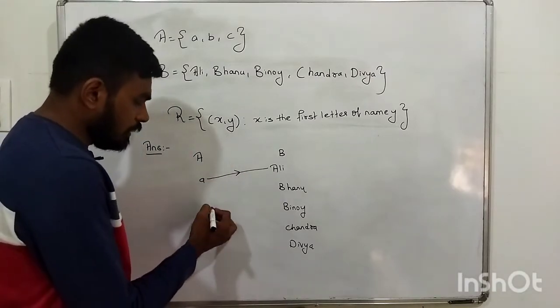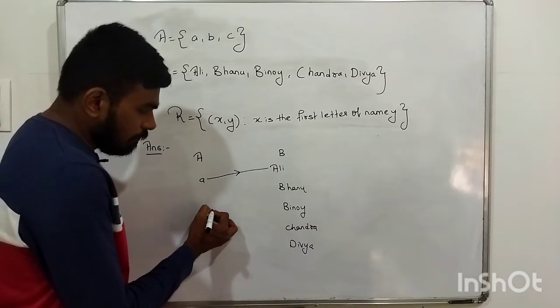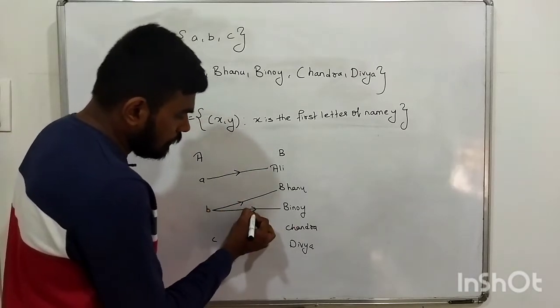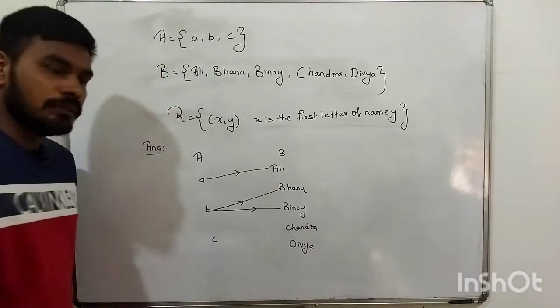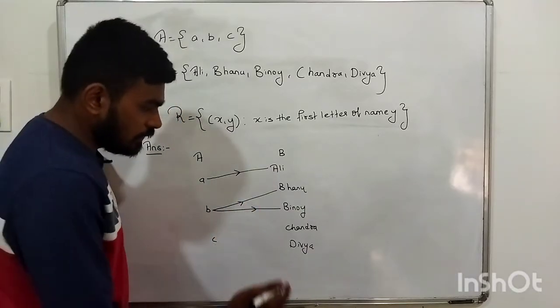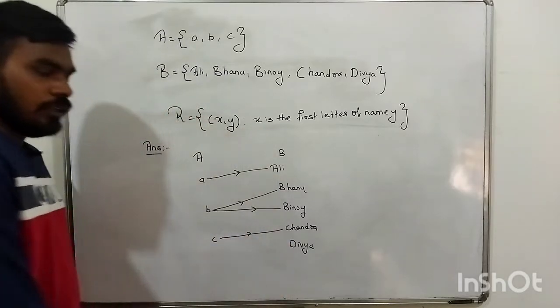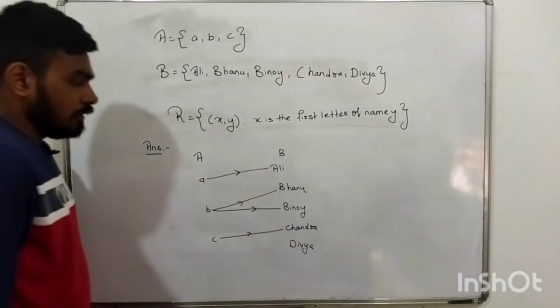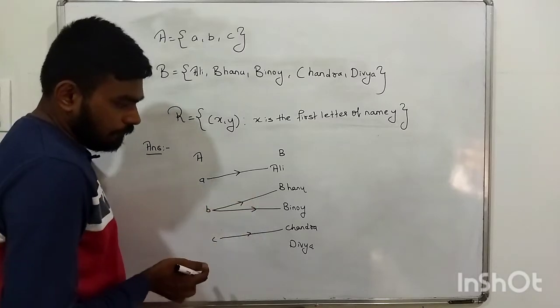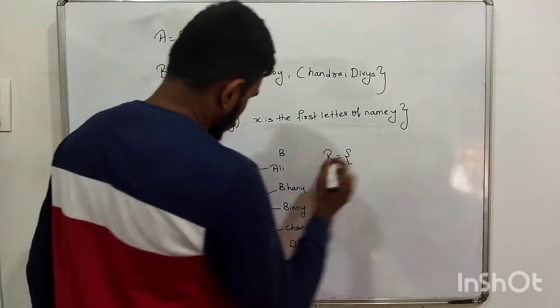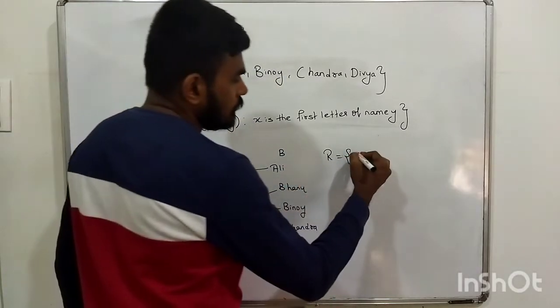Next, check for b. b can make pairs with Bhanu and even Binoy, so we can write b, Bhanu and b, Binoy. Similarly c, Chandra. So this way we can now write the roster form of this.